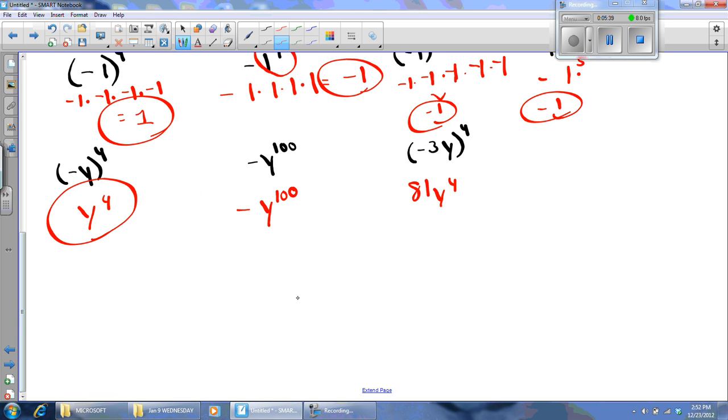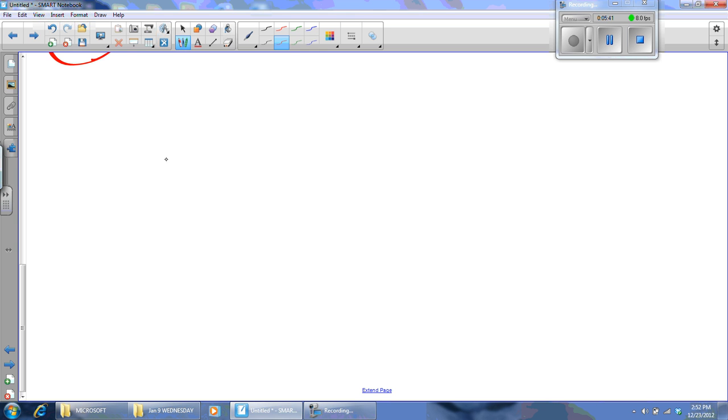So, for example, if I had, say, 3x to the 7th raised to the 2nd power, well, that's going to be 9, because it's 3 squared, right? And it's going to be x to the 7th times 2. 7 times 2, x to the 14th.